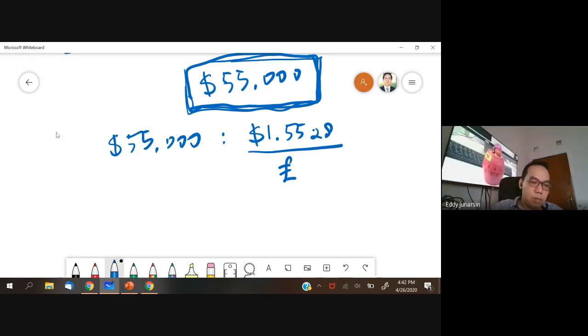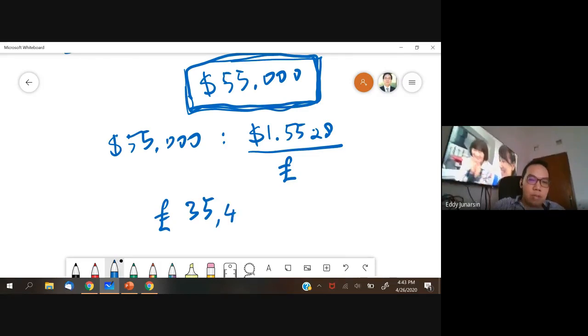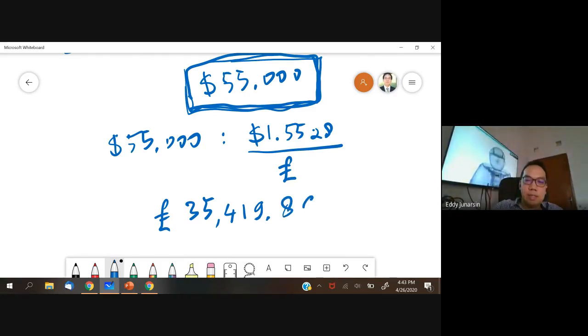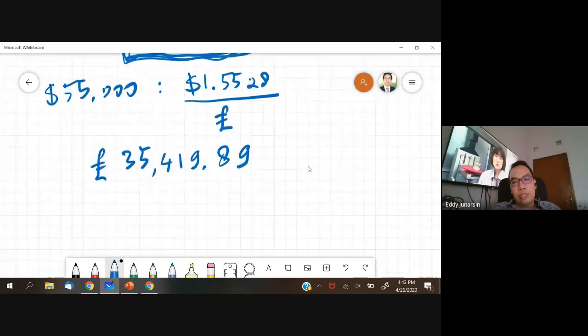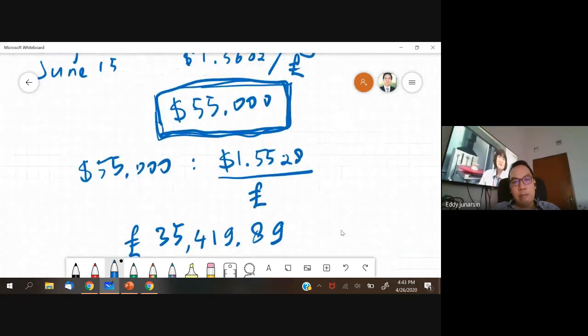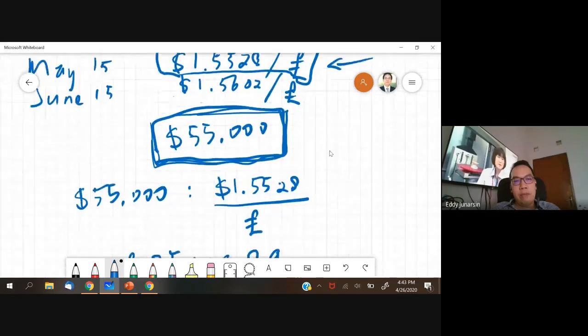It is 35,419 and 89 cents. So this was the conversion into UK pound on May 15th.